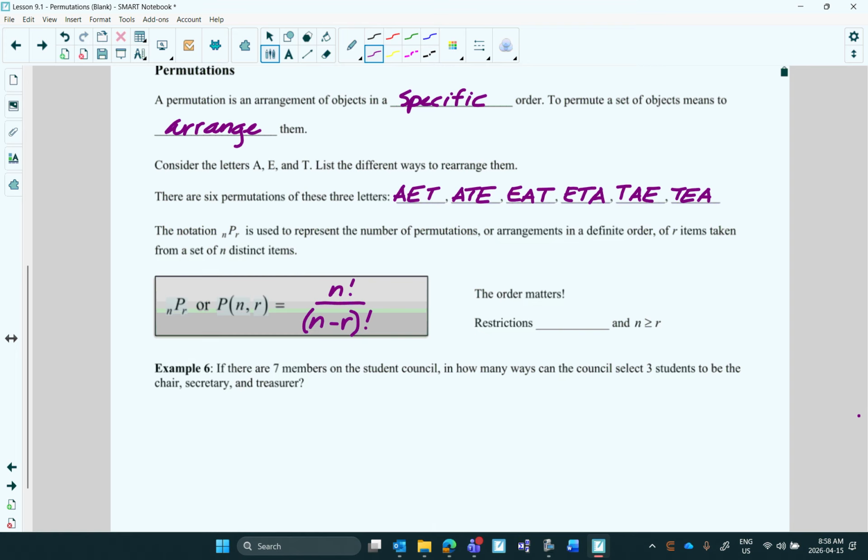You will always get this formula. You don't have to remember it. Okay? Certain restrictions, n has to be a whole number, so it has to be greater than or equal to 0, and it has to be greater than or equal to r.